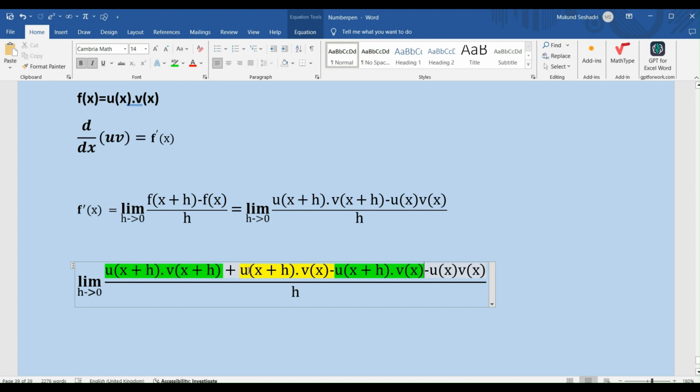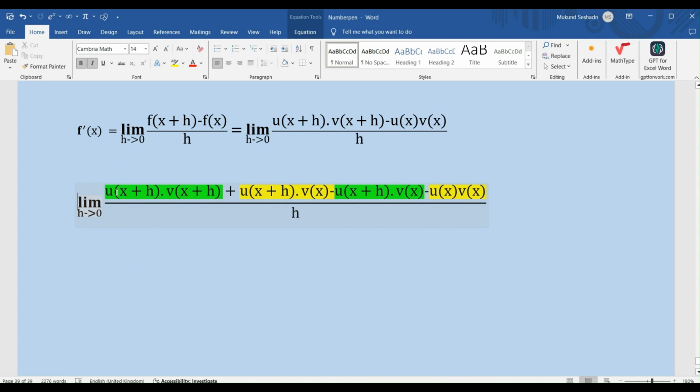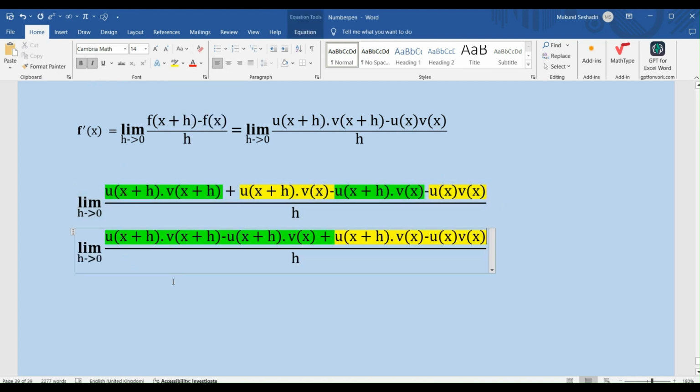And I can combine my u of x plus h into v of x, which is highlighted in yellow out here, with my u of x into v of x, right? So in the next step, all that I'm going to do is rearrange this. So this is what we get, right?